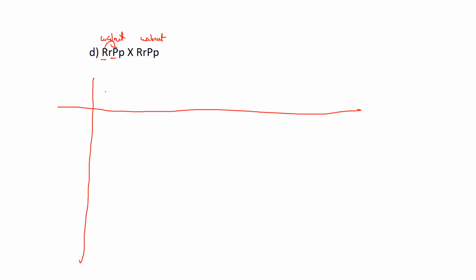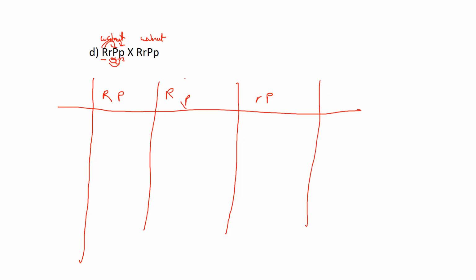Capital R, capital P, isolate those into gametes and don't show repeats, but of course when they're heterozygous there will be no repeats. Okay, little r, little p, little r, little r, little p. This one was a big P, by the way.